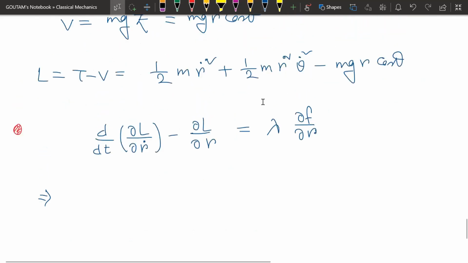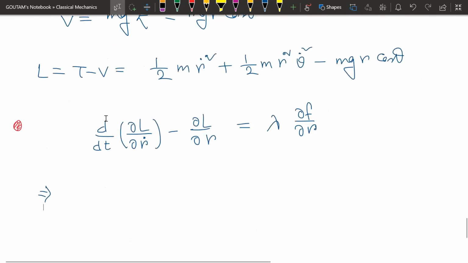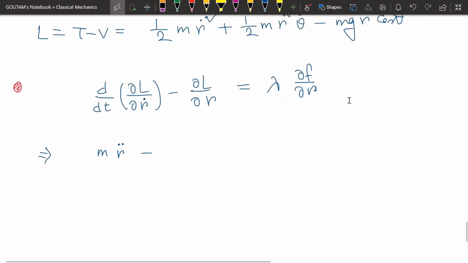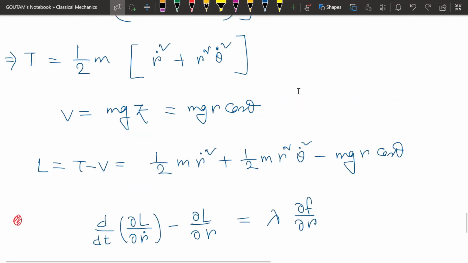Then if we take the derivative with respect to r dot, there is only r dot dependence here, and there is a derivative with respect to time. So we will get m r double dot minus this ∂L/∂r. ∂L/∂r would be minus m r theta dot square plus mg cos theta equals to, now ∂f/∂r.